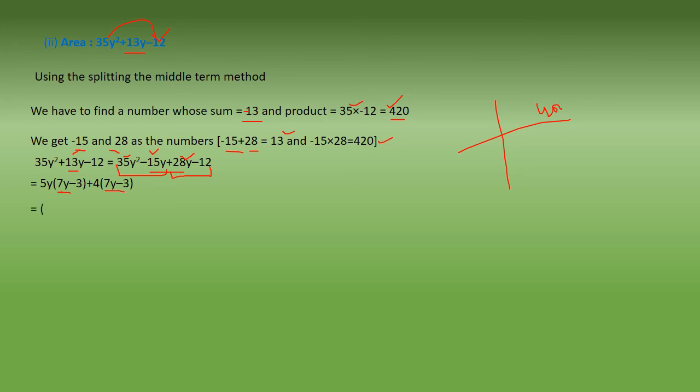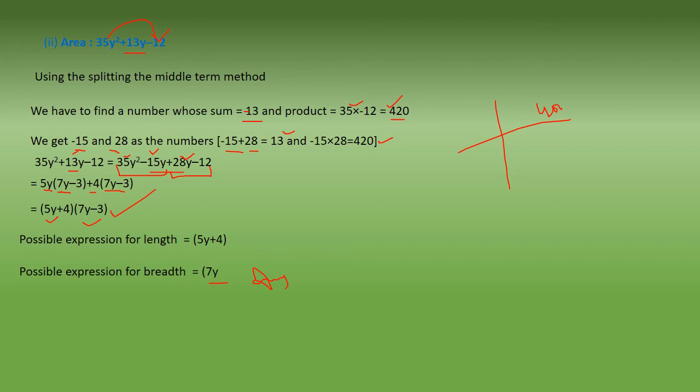We will get 5y plus 4 and 7y minus 3. This is the length and this is the breadth. So we are able to solve the question. The possible length is 5y plus 4, and the possible breadth is 7y minus 3. This is the answer of question number 15.